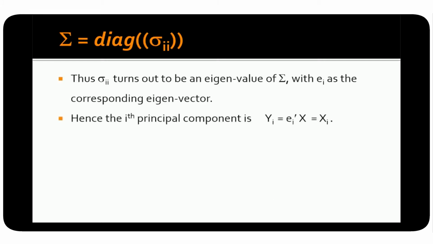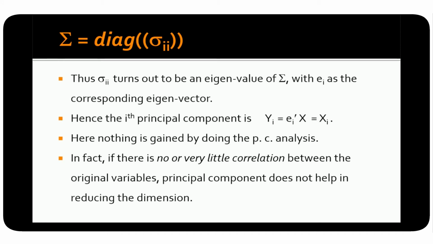Now, if we can write it this way, it at once tells us that sigma_ii is an eigenvalue of sigma, and the e_i's are the corresponding eigenvectors. So, in this case, the ith eigenvalue-eigenvector pair is sigma_ii, e_i.